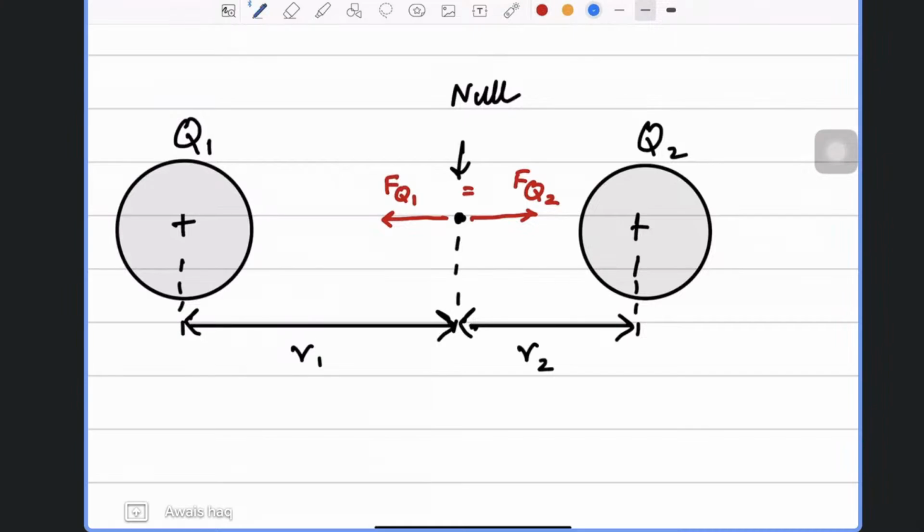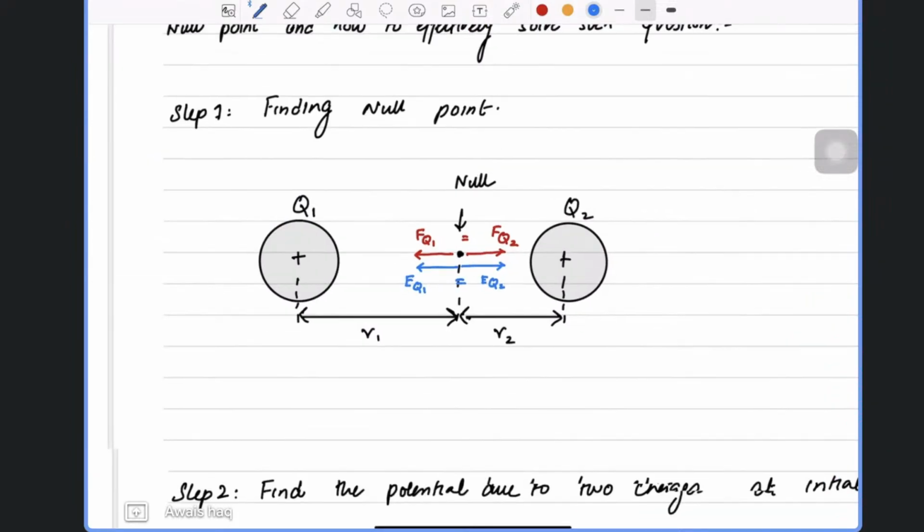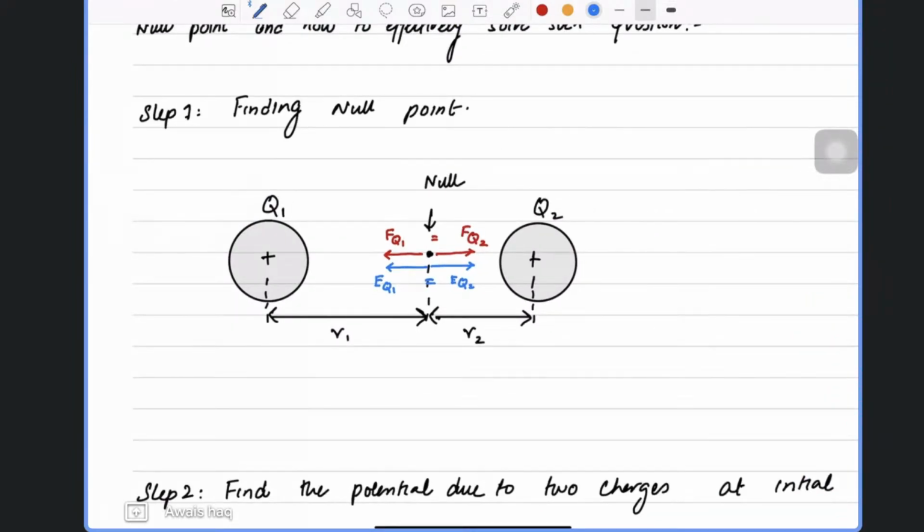The same goes for electric field strength: at this point, the field due to Q1 equals the field due to Q2. Because they're vector quantities, when you add them up they cancel out. Is it clear?